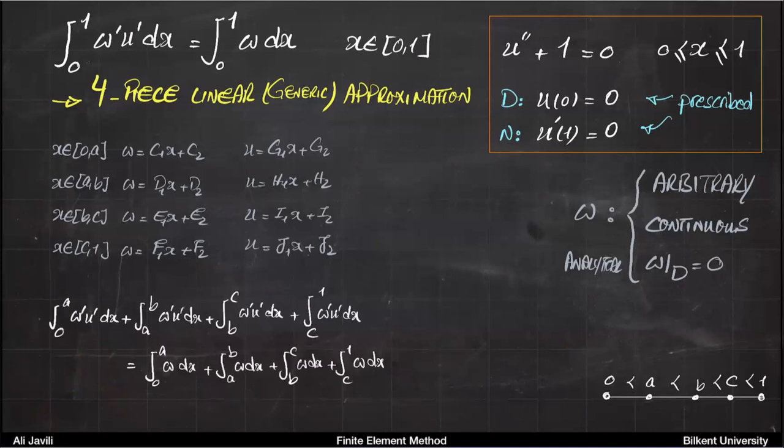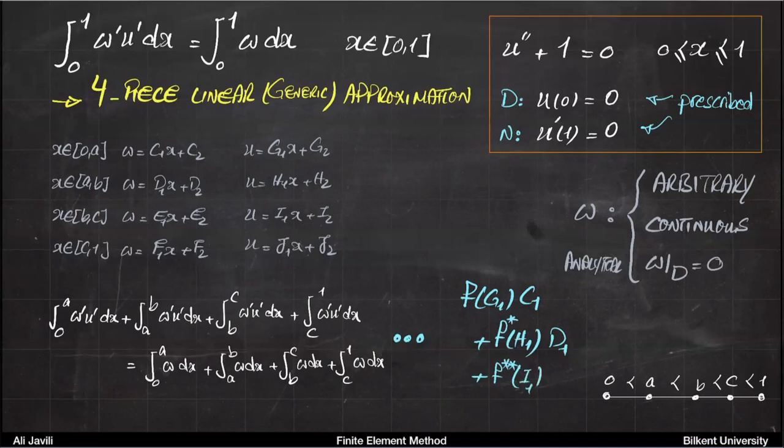Now, if you do the integration of this weak form, you would end up with a relation which looks like some function of G1 times C1 plus some function of H1 times D1 plus some function, maybe I call it F, and I call this F star, and then F double star, of I1 times E1 plus F triple star.